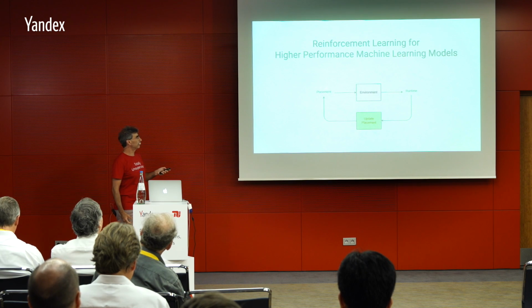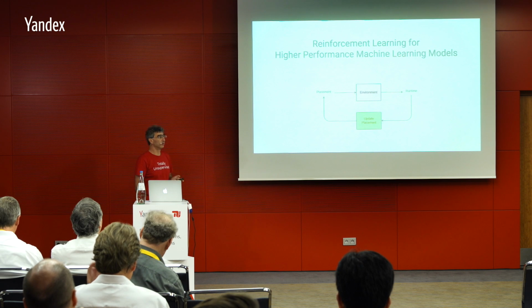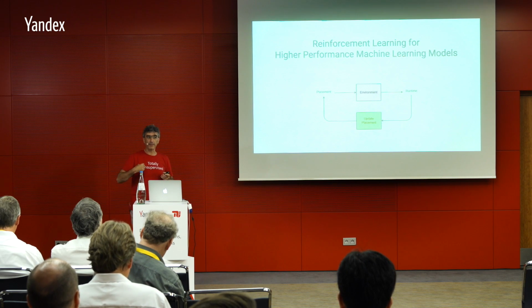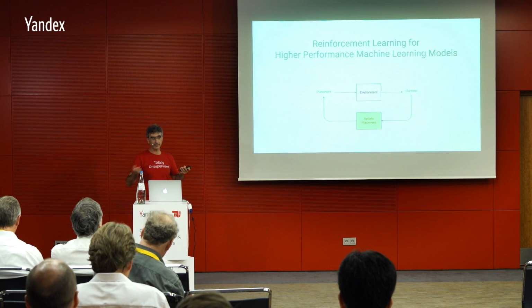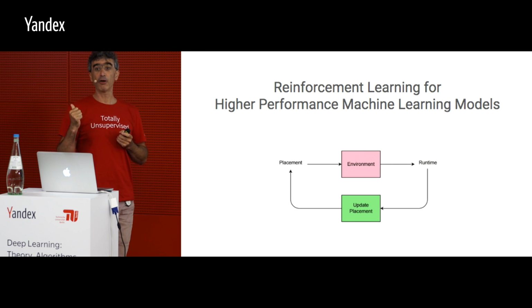We are going to decide on one placement, like this node runs on this machine, this node runs on this machine, and we are going to take a mini batch of examples, do a forward pass on it, do a backward pass on it, compute how long it takes to do that, and that's our cost.